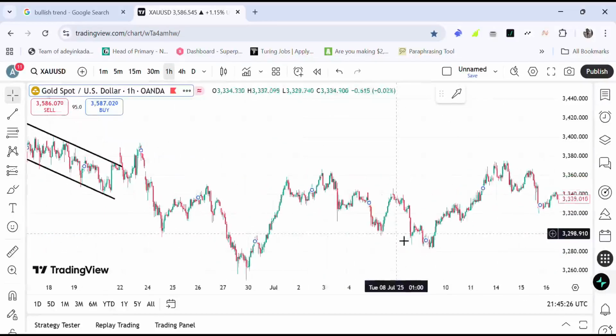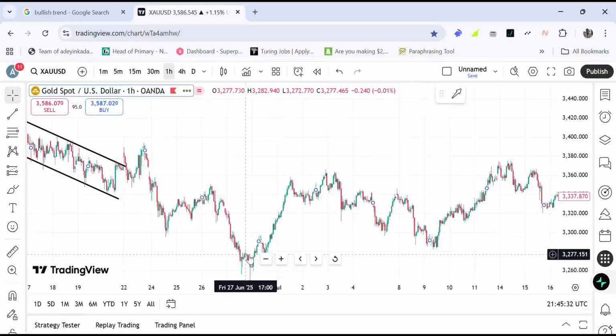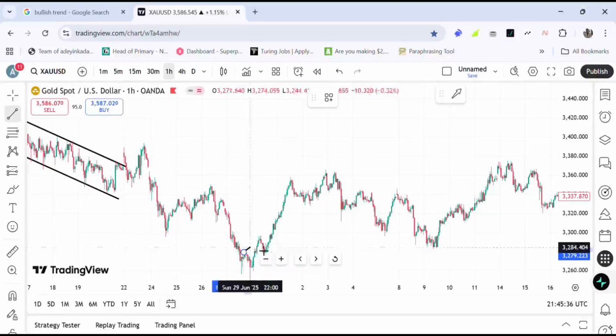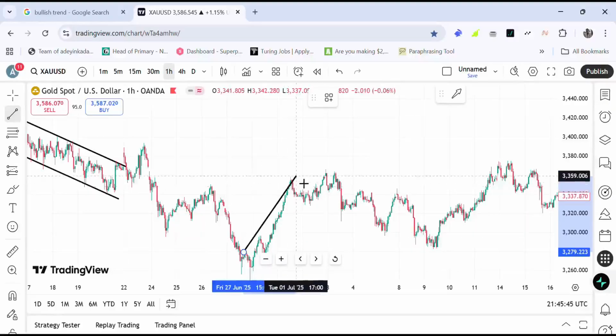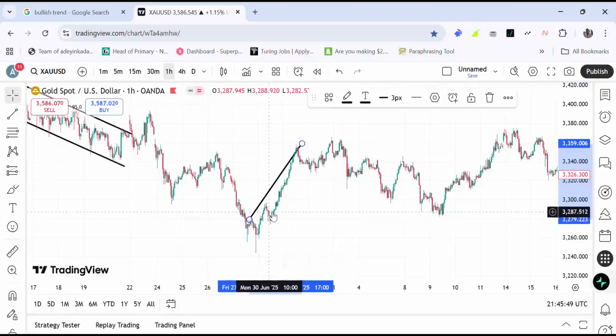Now, here's another trend here. This is a high on its own, this point. Now is another high, now is another high. So this high is higher than this high, and this high is higher than this high.